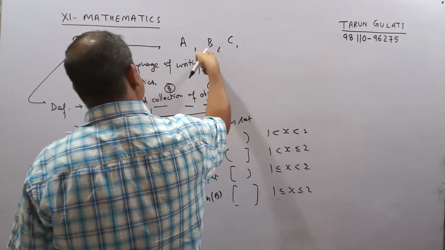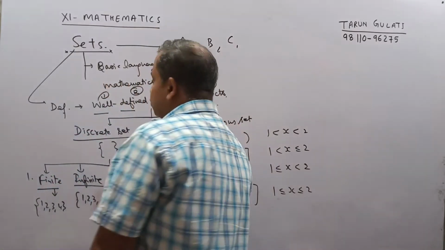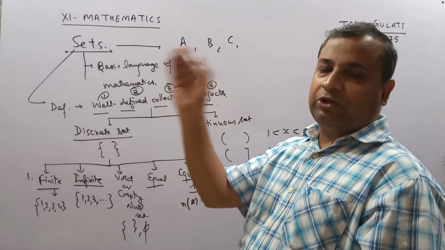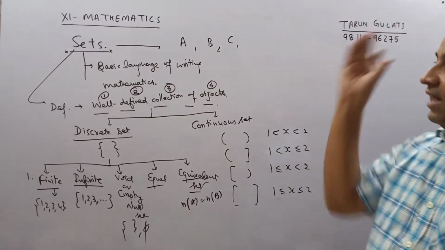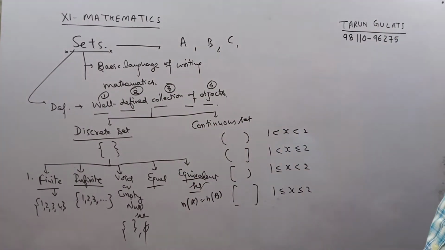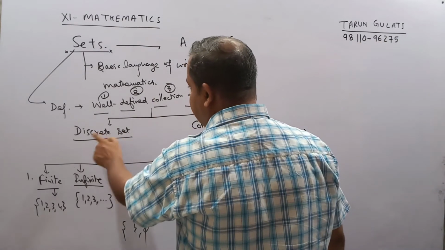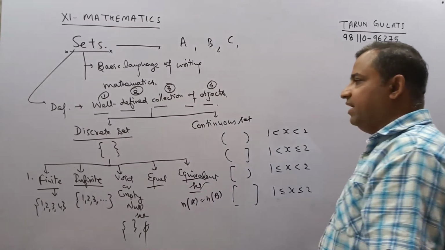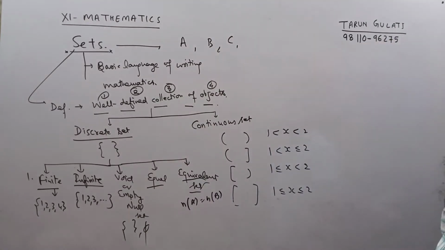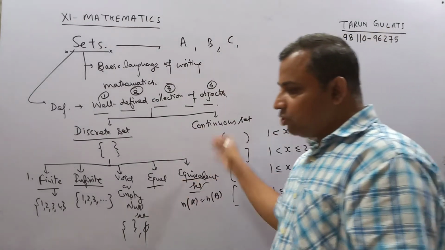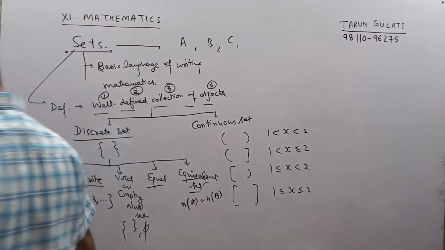So I suppose the meaning of set is clear to everyone. Well defined collection of objects. This set term can be subdivided into two major headings, discrete set as well as continuous set. I suppose this is all clear to everyone.